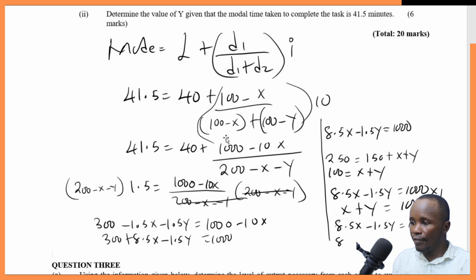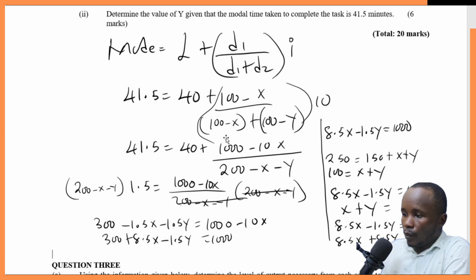Then this should be 8.5x plus 8.5y is equal to, when you multiply this one, 850.